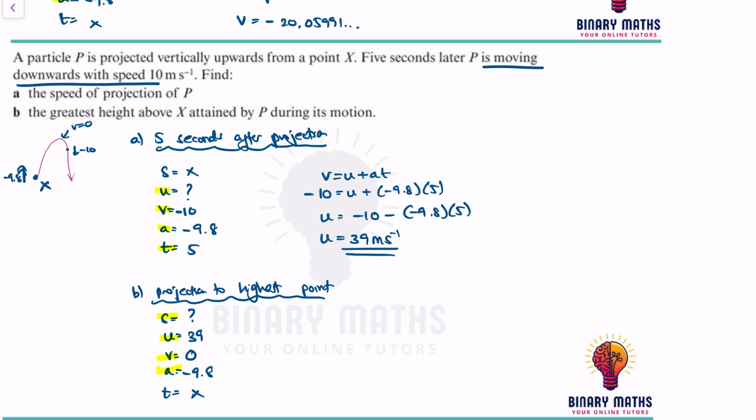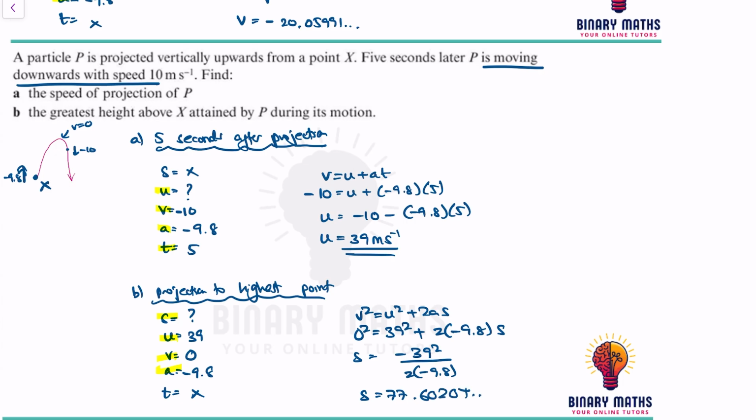So we know V squared is equal to U squared plus 2AS. So 0 squared is equal to 39 squared plus 2 times minus 9.8 times S. So S will be equal to minus 39 squared over 2 times minus 9.8. S is equal to 77.60204, which means S is equal to 78 meters to two significant figures.